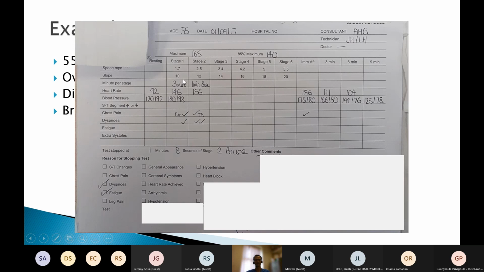So this is a sufficient amount of exercise to make a diagnosis. You can also see how fast the heart rate went up. And look how short the exercise duration was, just 4 minutes, 8 seconds. So this tells you that the patient is really rather unfit and that their heart rate zips up really fast when they start to exercise. Their blood pressure shoots up appropriately and then it comes down appropriately afterwards.